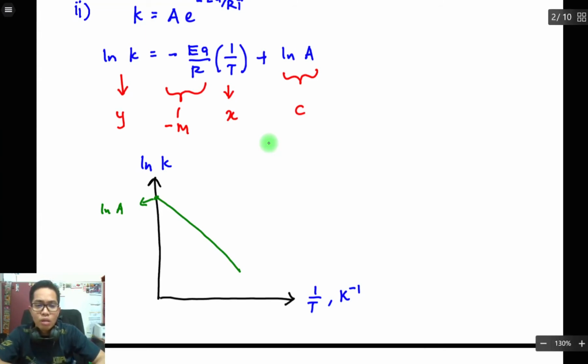Then how do we calculate the EA? Our gradient equals negative EA over R, so we can cancel out this part.